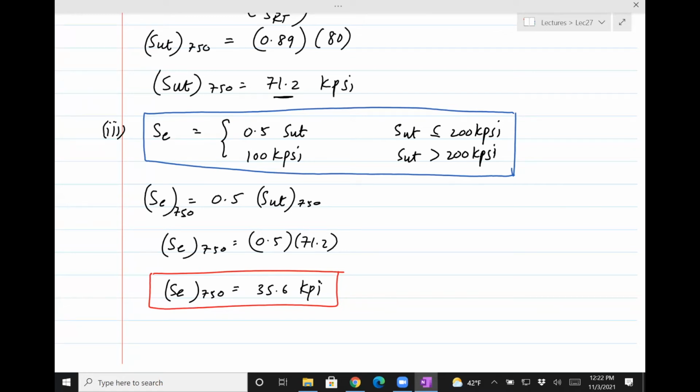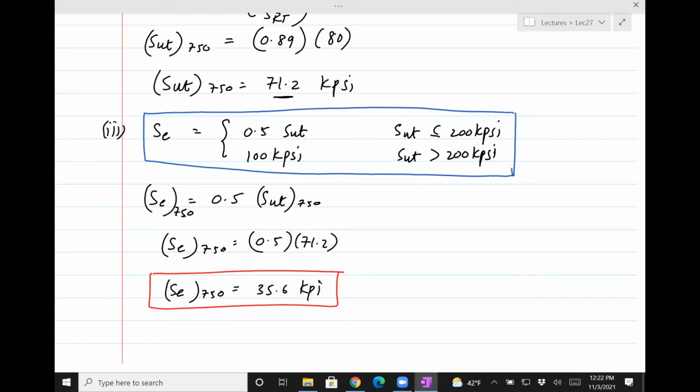Okay, so let's, yeah, question. So SUT is the ultimate strength, right? Yeah. So then why do we plug in the tensile strength into the ultimate strength? Is SUT ultimate strength? Yeah, it's ultimate strength.